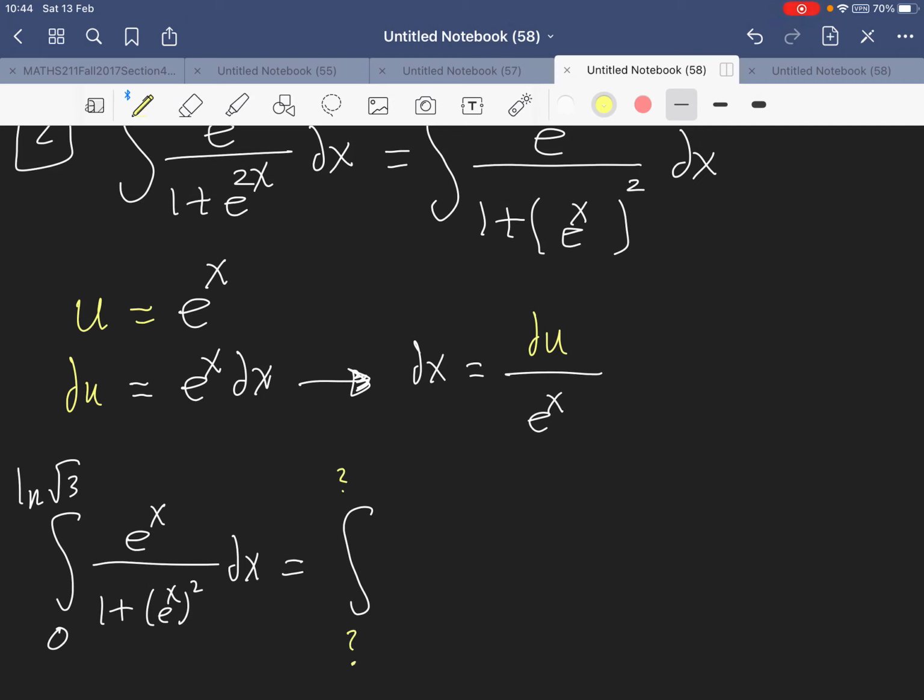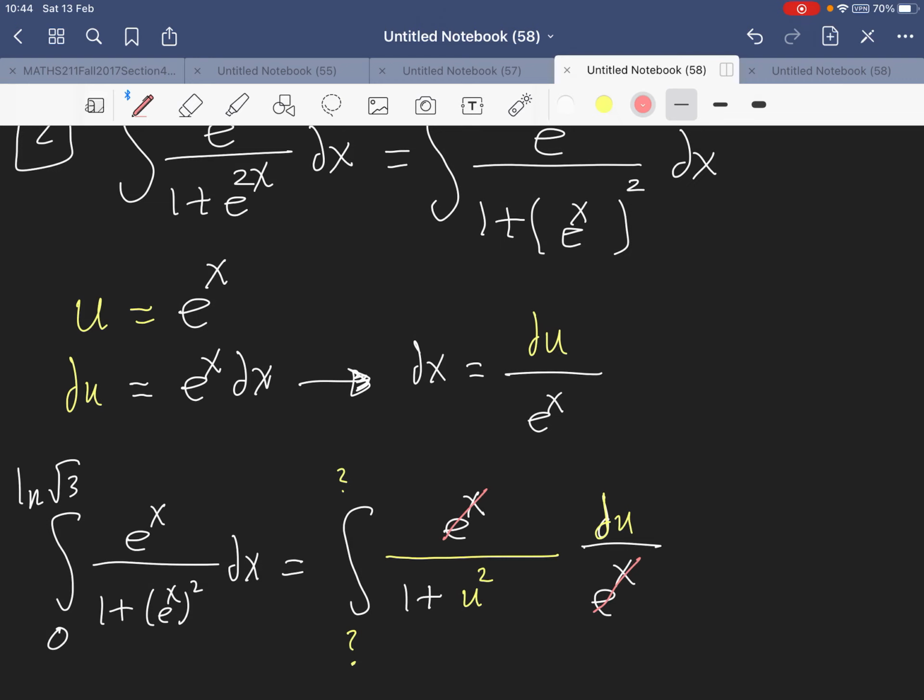I have to change from x to u, but this will be done in the next step. The e^x at the top will stay e^x at the top, plus 1 plus (e^x)^2, this is just u squared, and this is du over e^x. Clear cancellation? And now everything is in terms of u.